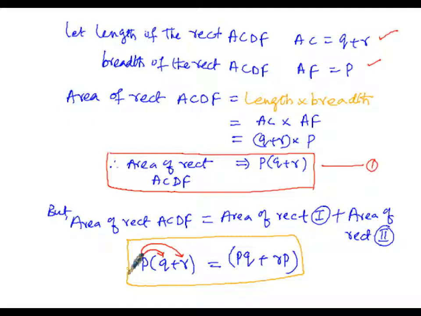This multiplication of algebraic expressions can be performed in two ways, that is two methods. One is the horizontal method, the other is the vertical method.